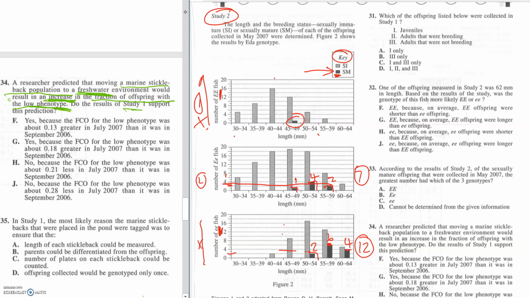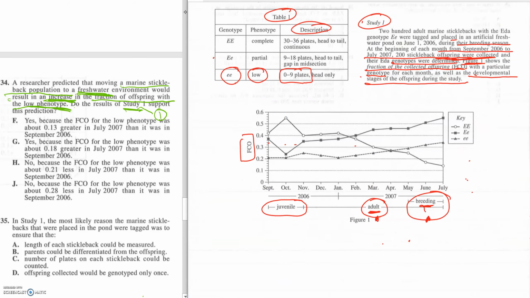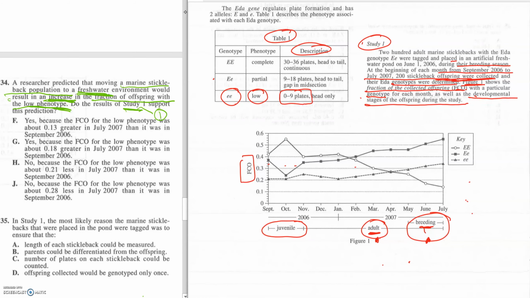So study 1, step 1 is to find that. I actually have to go up the page here. And then he's saying that the marine sticklebacks going to freshwater would increase the fraction. So study 1 says the 200 adult marine sticklebacks, we read this earlier on, were put in freshwater. So this is the right test.